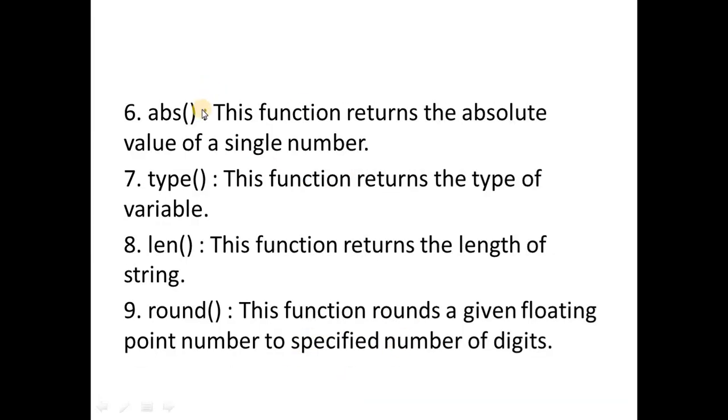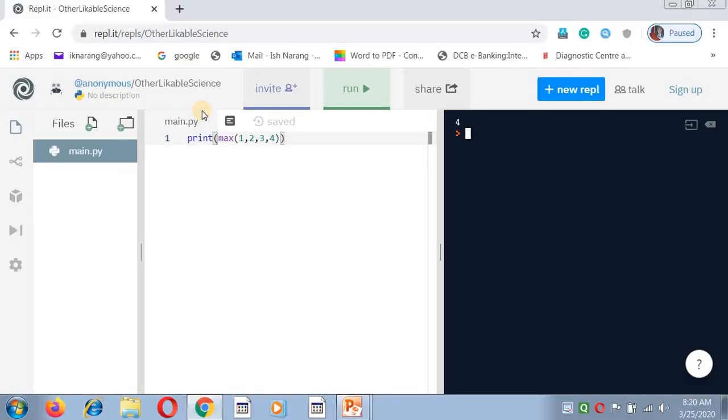So next is abs, which stands for absolute. It returns the absolute value of a number. Absolute value means positive value. If you pass any negative number here, the output will be a positive number. For example, if we pass the argument -4, it simply returns the absolute value of -4, that is 4.